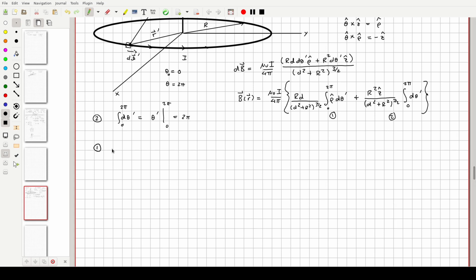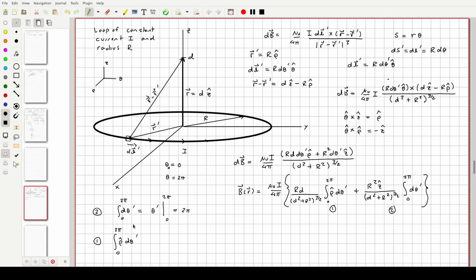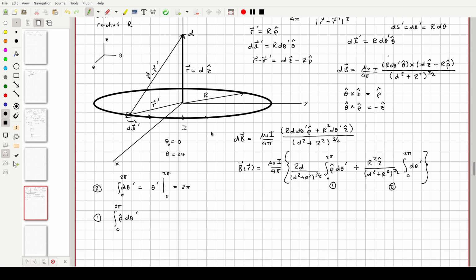And let me show you why. We're doing this integral right here. Okay, so what exactly is rho prime? Well, in order to do this, let's just break rho prime up into unit vectors in the xy plane.